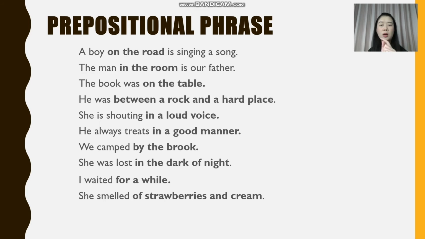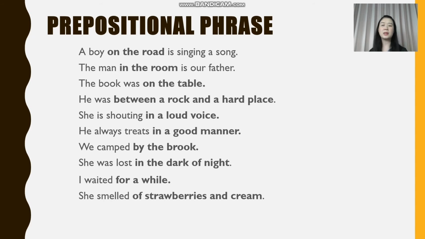So we start with the preposition on, and the road, that is the noun phrase. So it's just like the patterns that I mentioned, right? We need to start from the preposition and then followed by the noun phrase. And we use on the road in order to modify the noun.